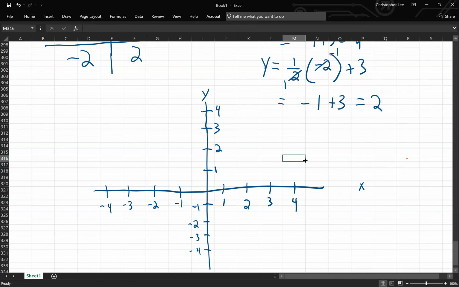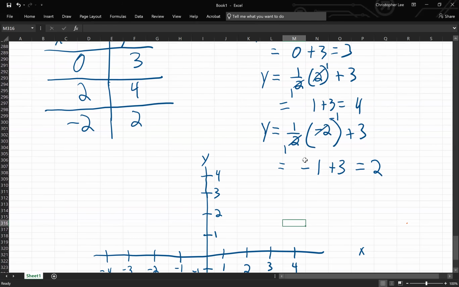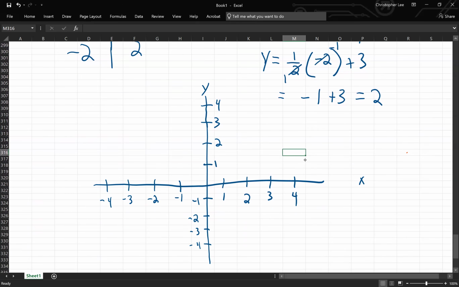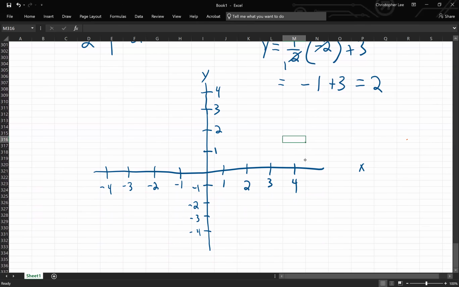So first point, 0, 3. Tell me where or how to do this. It's not hard. 0, 3, where's that? 3, very good. So right here, start off at 0 in the center, go up 3. So this is the point 0, comma 3.